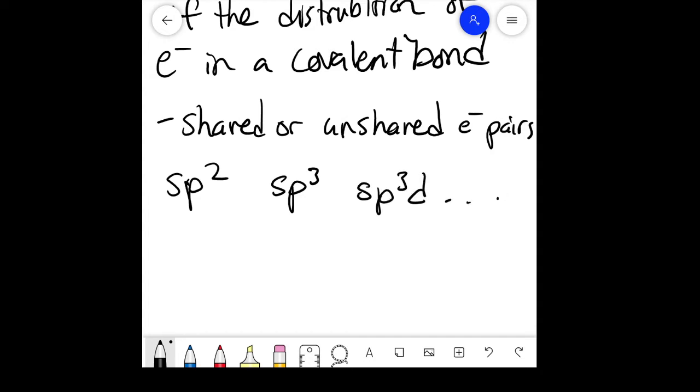That's kind of most of it. But this is how you end up with these hybrid orbitals, because they're sharing a pair of electrons from the s and a pair from the p or the d or whatever.